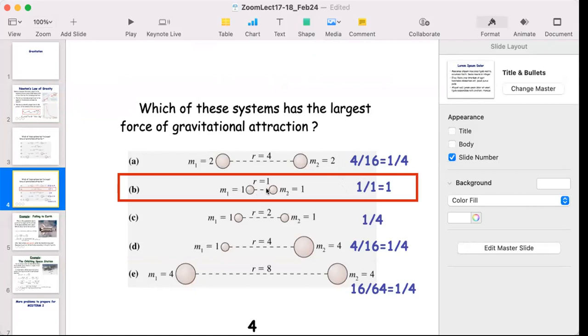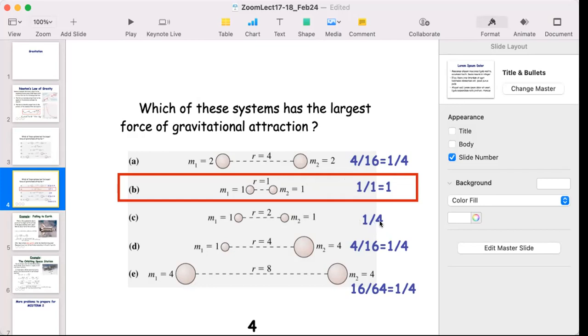So here M1 and M2 is 1. So it's proportional to 1 and inversely proportional to 1. So this comes to 1. Then this one, M1 times M2 is 1, while it is inversely proportional to the square of R. So 2 squared is 4.